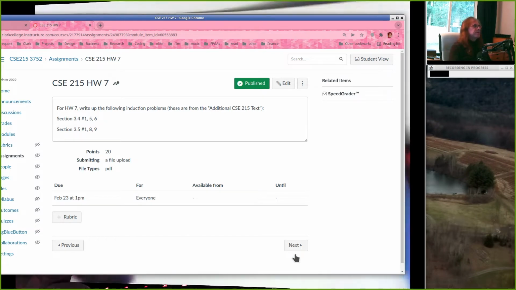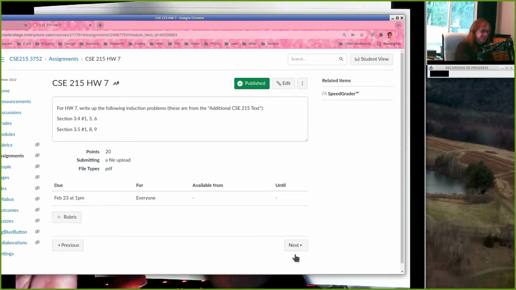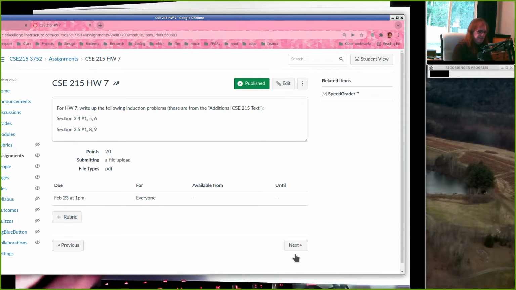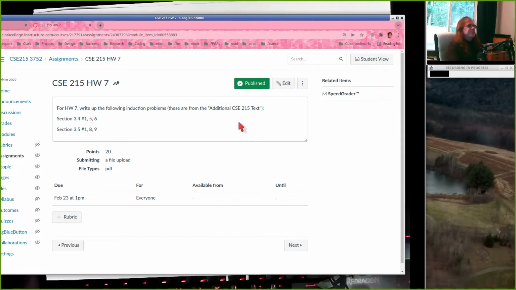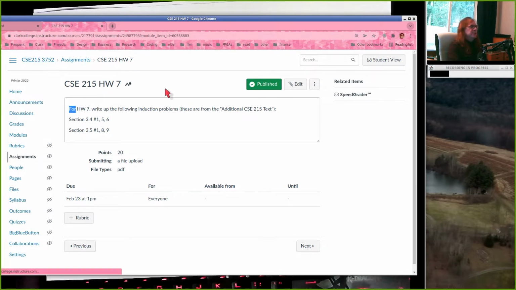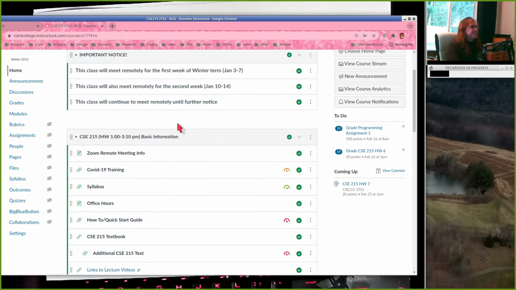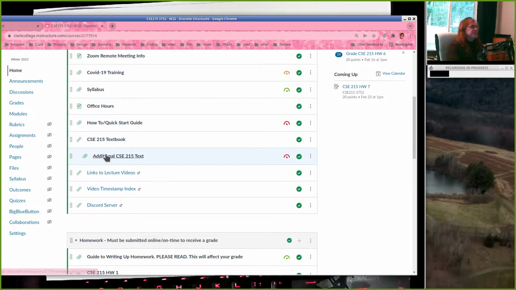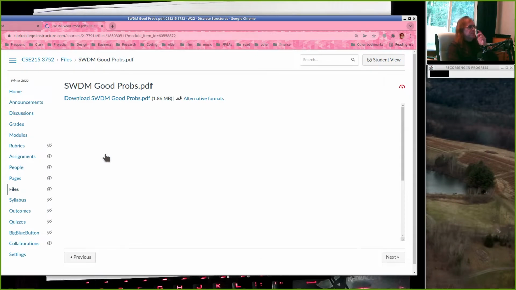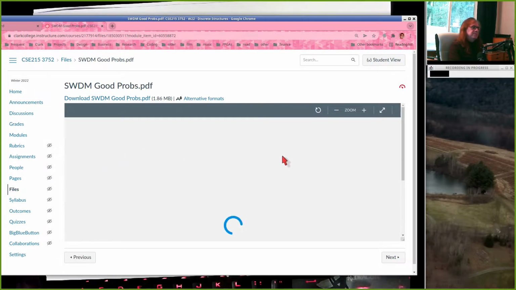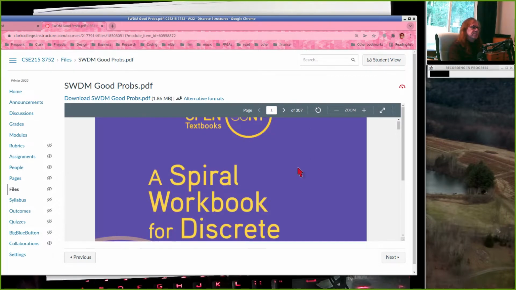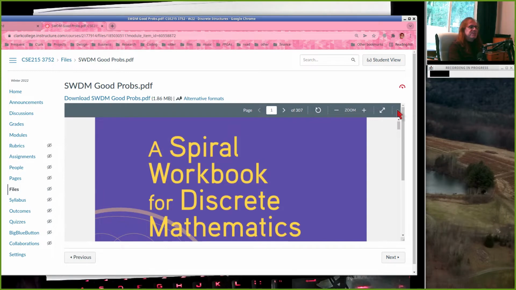So we're working on sections 3.4, problems 1, 5, and 6, and 3.5, problems 1, 8, and 9. And these are coming from the additional CSE215 text. So you can get to that through the front page of Canvas. And so here's the additional CSE215 text. This is a book of problems. So our spiral workbook for discrete mathematics.